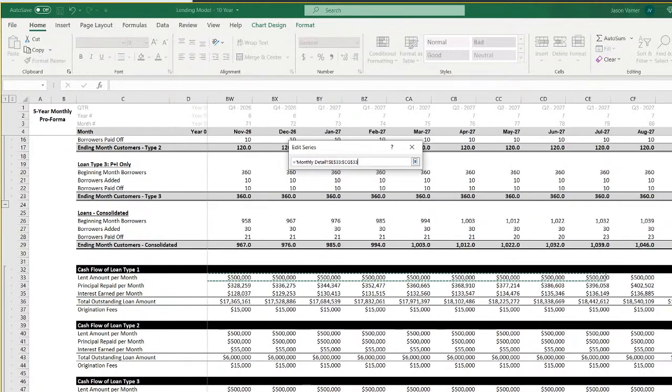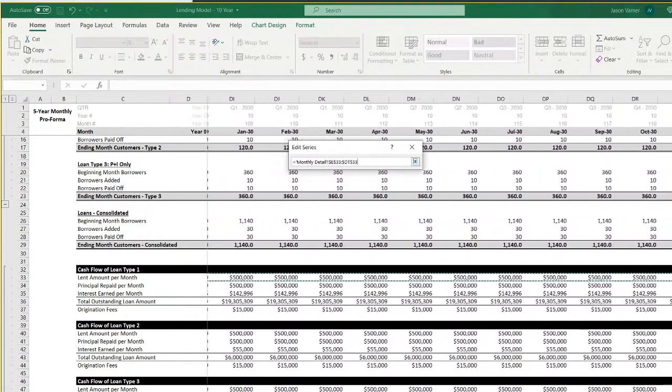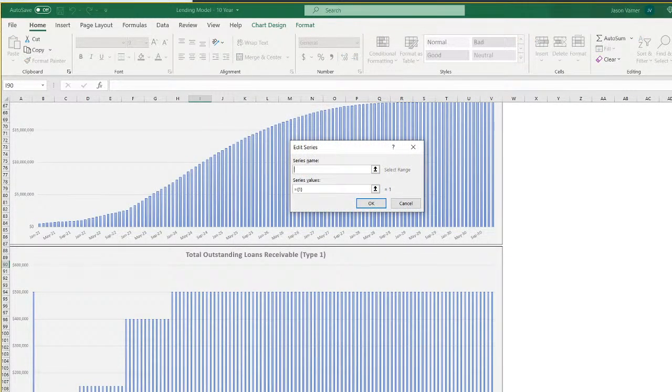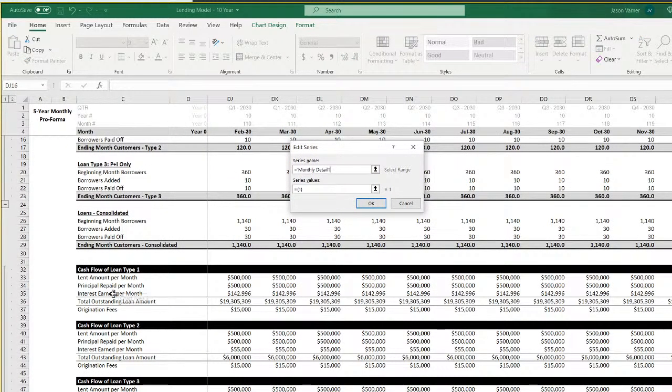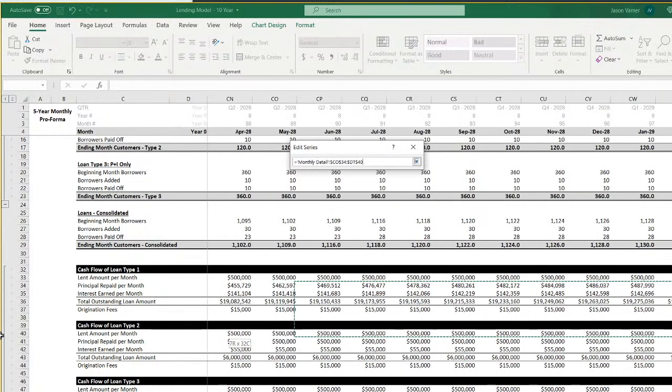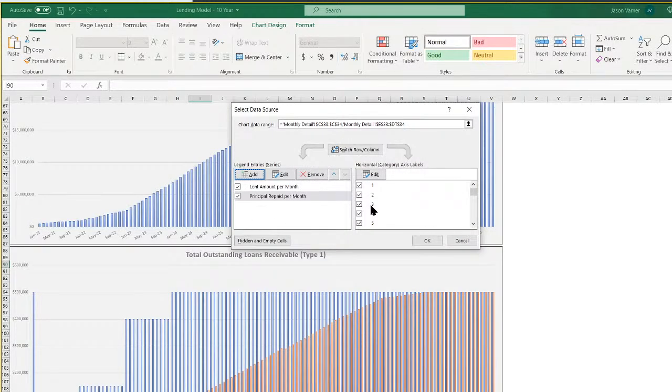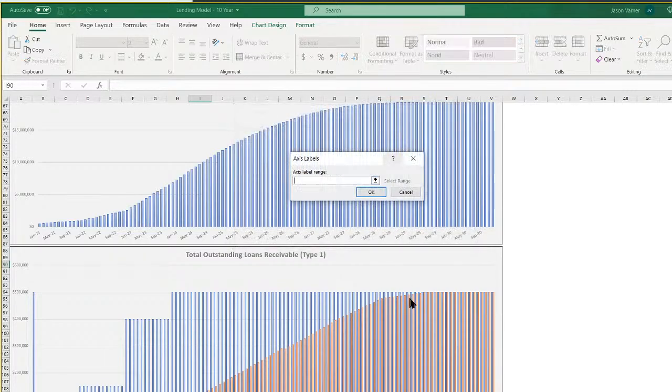So amount lent per month, and then principal repaid. Interesting.